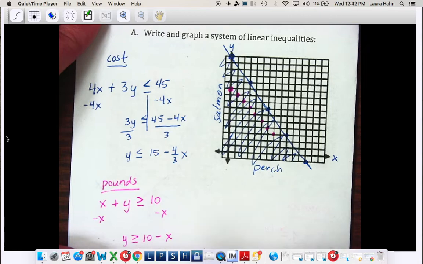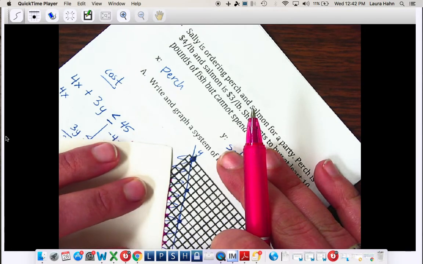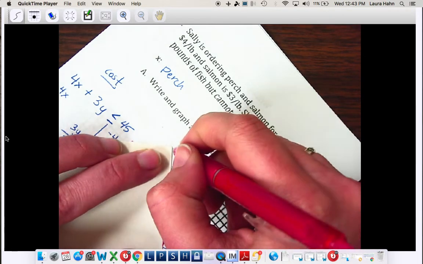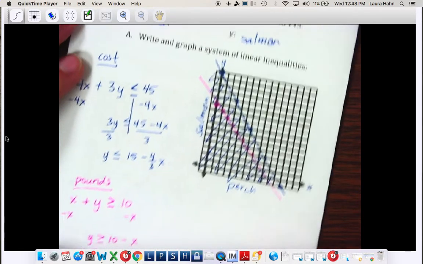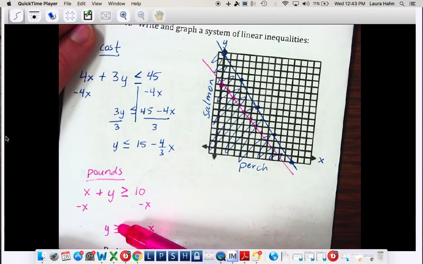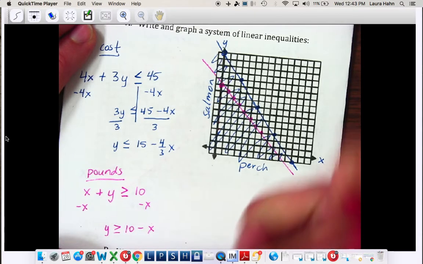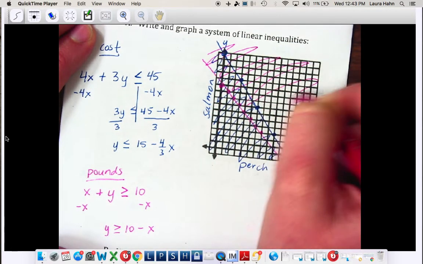Or equal to underneath, so I'm going to connect those dots with a solid line. All right, this is a greater than symbol, so I'm going to lightly shade above. Well, mine is pink, whatever color yours is.